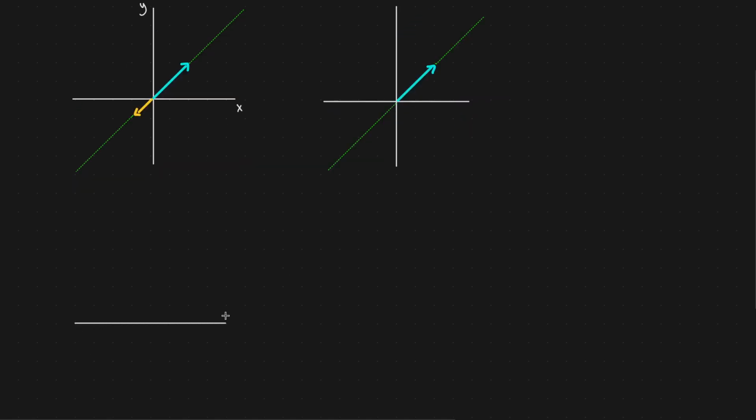But what if the vectors aren't on the same line? What if I have a vector here and another vector maybe here? Okay, well, in this case, if I take the vectors together, because they're not pointing in the same direction, they span a plane.